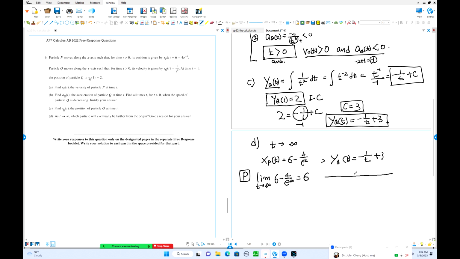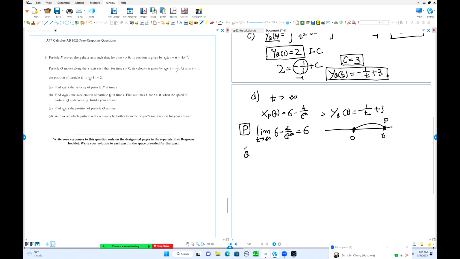Finally, particle P is at 6 over here. At infinite time t, the particle arrives at this point. So from the origin, it is 6 units away. That's particle P over there.